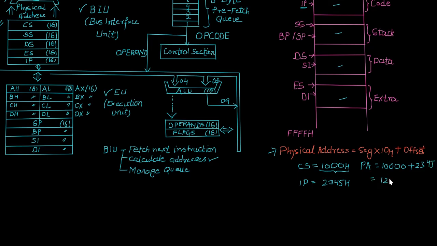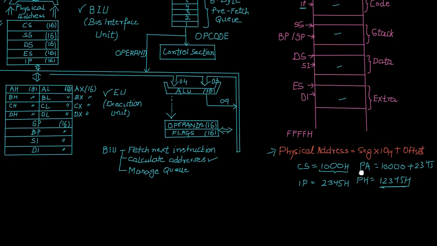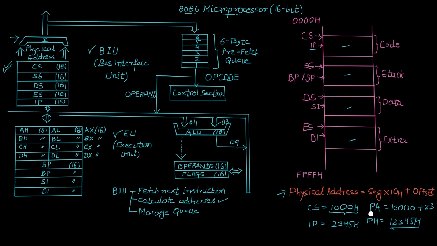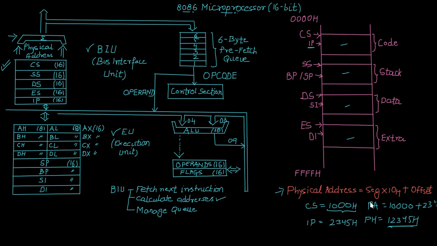It is 1 2 3 4 5 H. So this is the physical address of the instruction that we want to access, because the microprocessor is just concerned with the instruction, right? So it needs to access the physical address of the instruction, which is calculated by this circuit, and then this is the data bus.